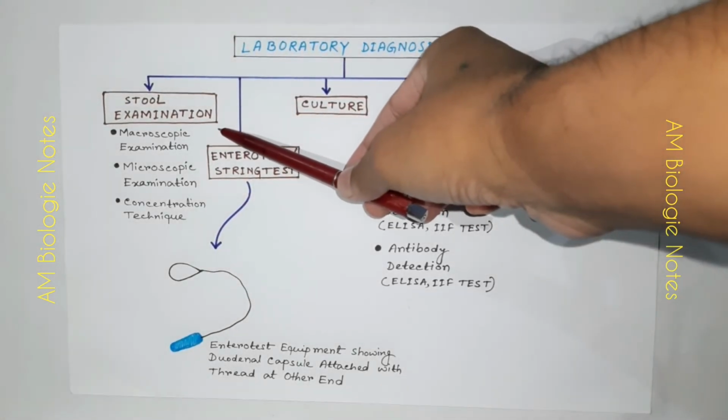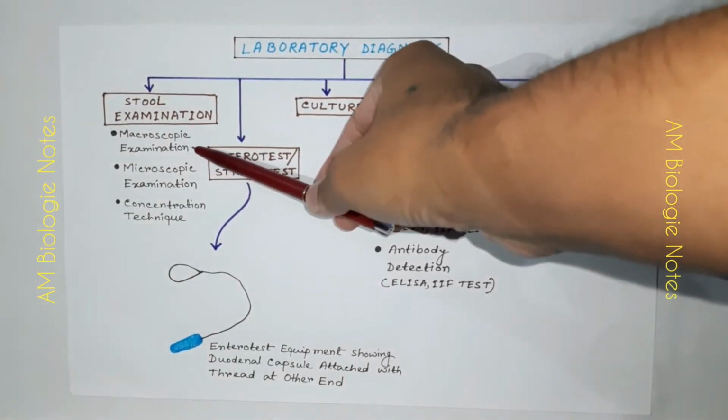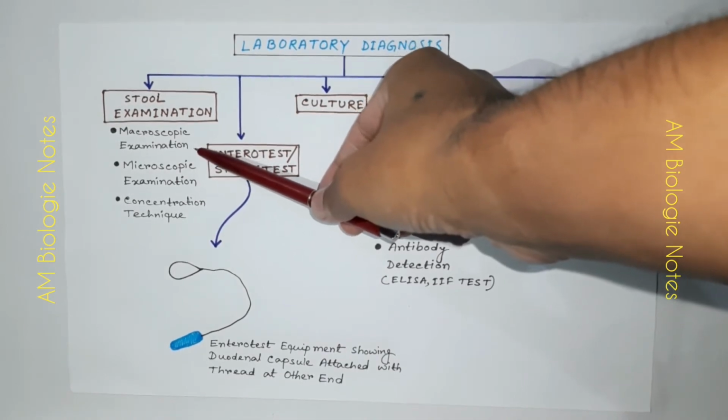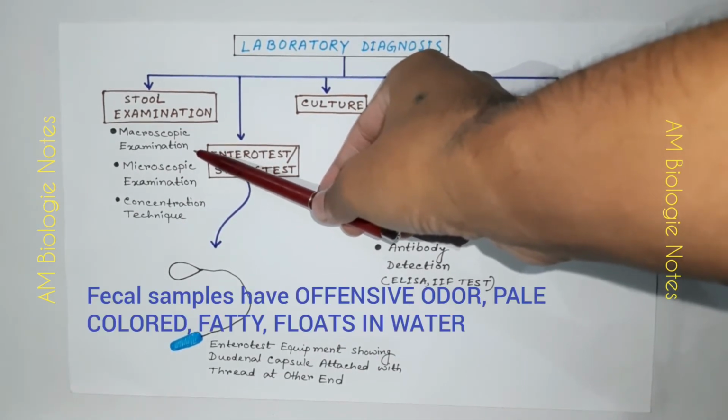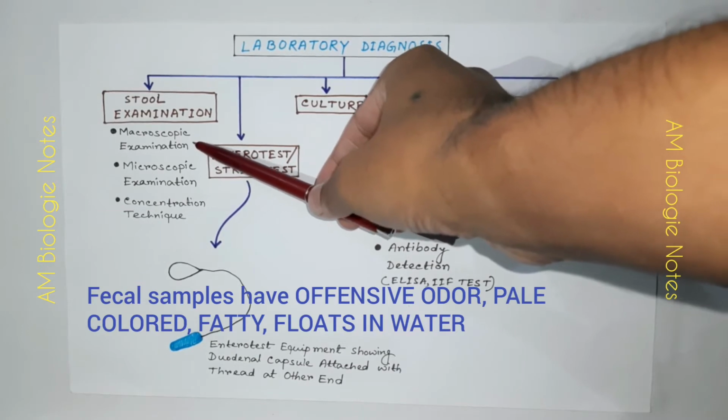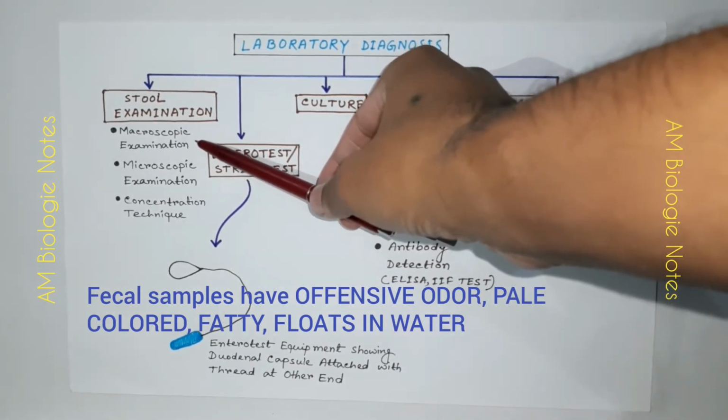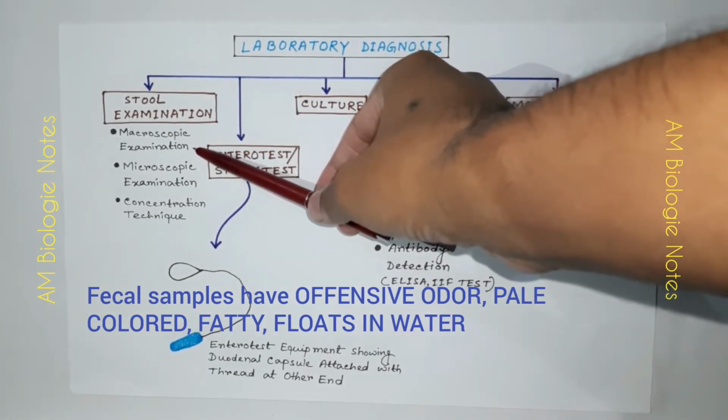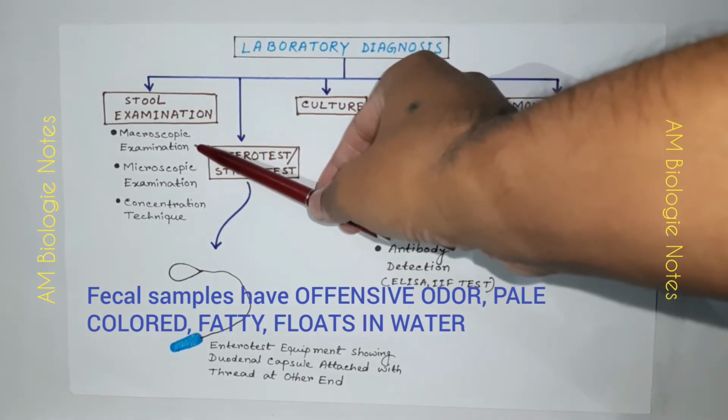Stool examination. On macroscopic examination, Giardia intestinalis containing fecal specimens may have an offensive odor, be pale colored and fatty. The specimen floats in water.